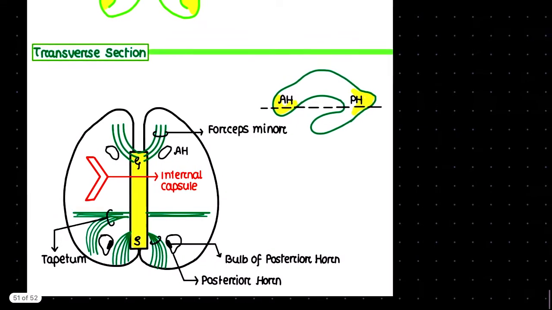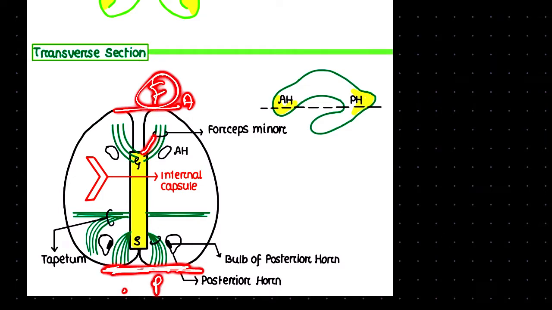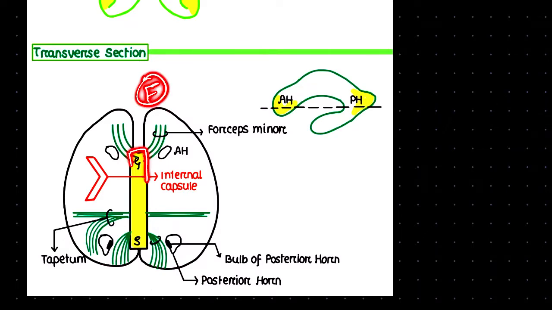Now this is our anterior end, this is our posterior end. Here we find the occipital lobe, here we find the frontal lobe. The frontal lobe and the corpus callosum are at a distance of 4 centimeters, and the occipital lobe and the splenium are at a distance of 6 centimeters.